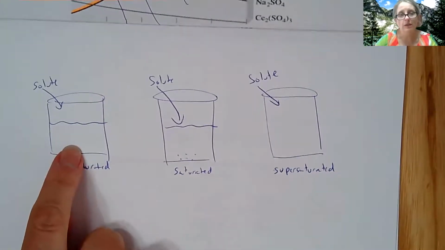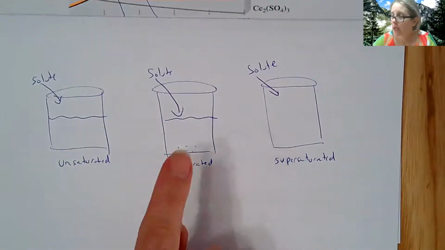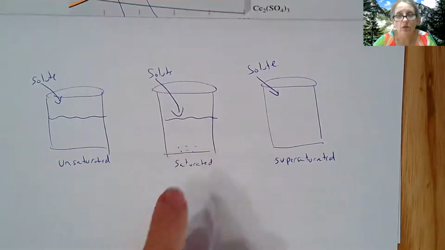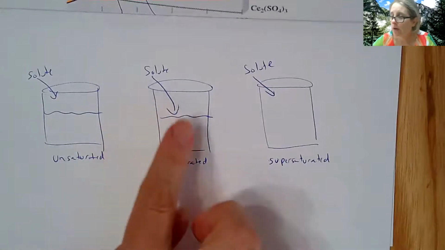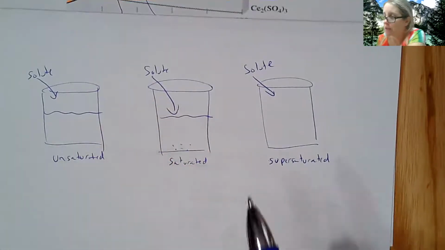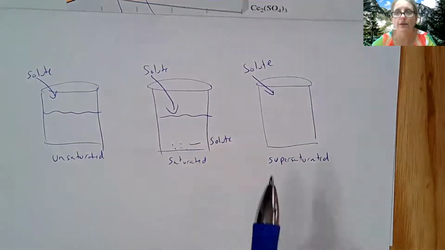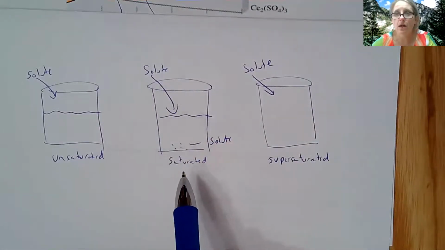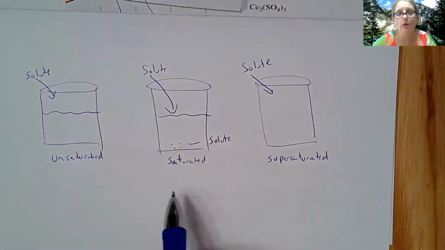So what I'm trying to show in this picture on the left is that there is no solute in there once you mix it up. If I have a saturated solution, which is the middle picture, and I dump some solute in there and mix it up, what would happen is that solute falls to the bottom here. That's what I'm trying to show in this picture, little dots there. That solid didn't dissolve because I'm completely saturated, so no more of it can go in there.